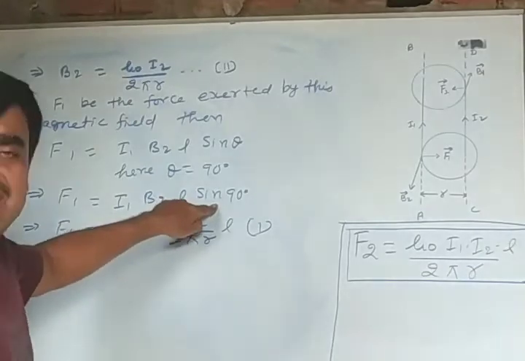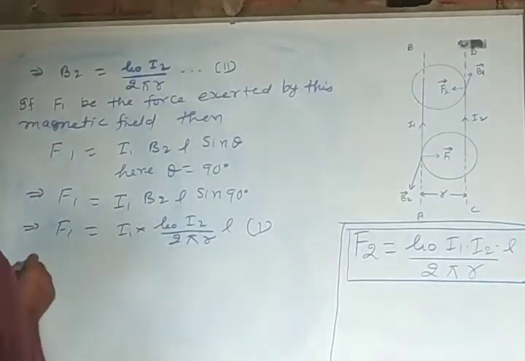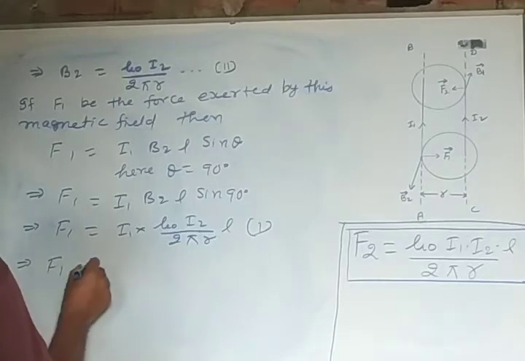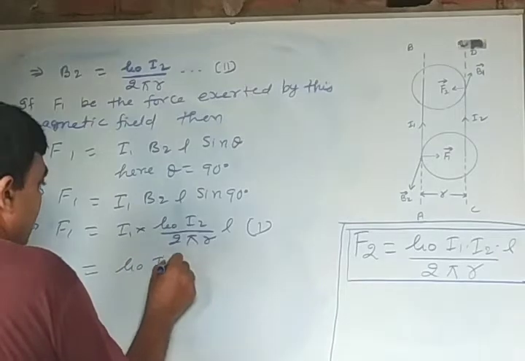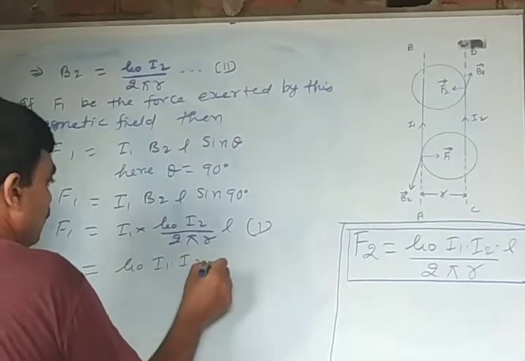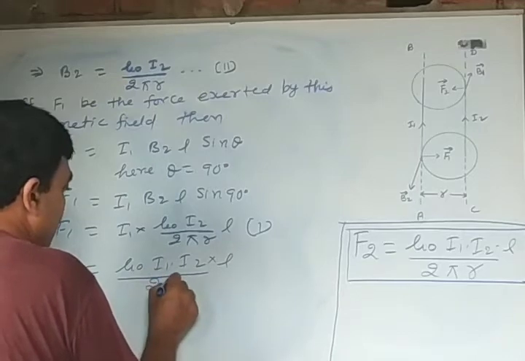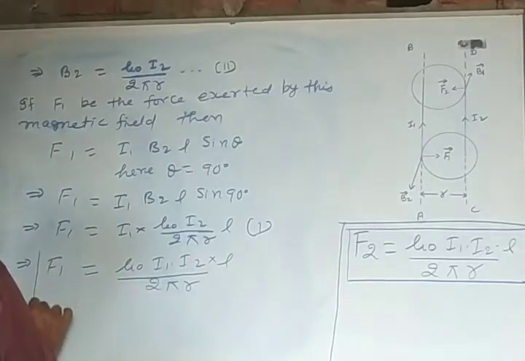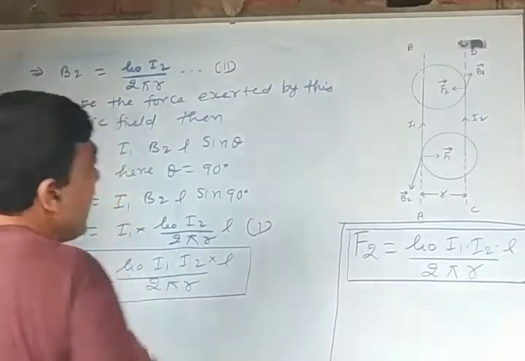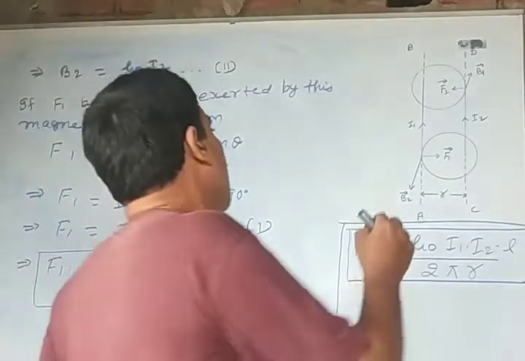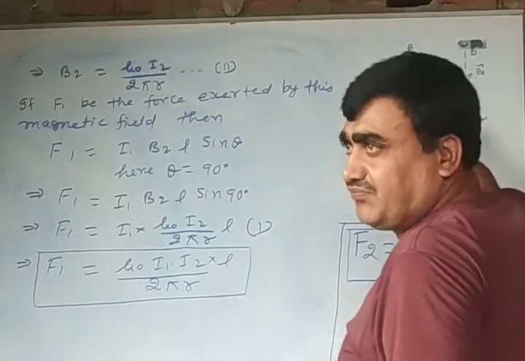The value of sin 90 degrees is 1. That implies F1 is equal to mu naught I1 I2 into L upon 2 pi r. This is the expression of force exerted by current I2 on wire AB.